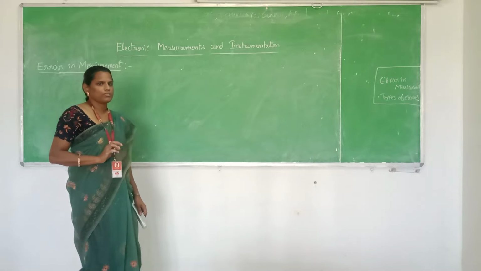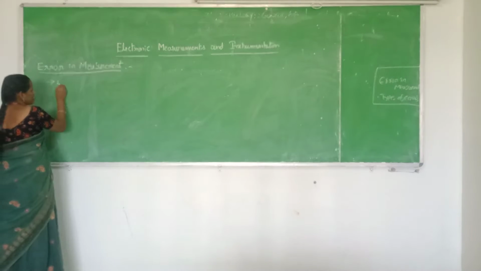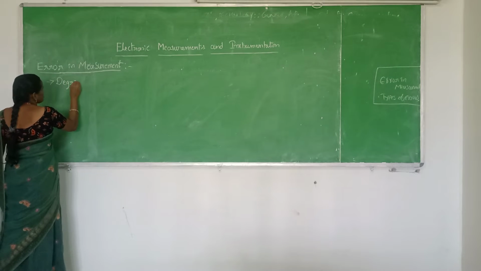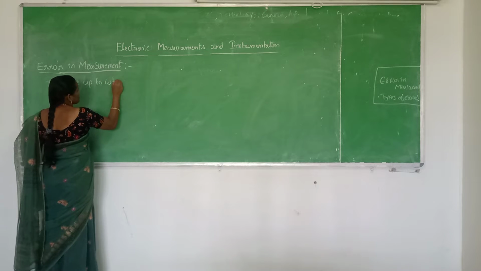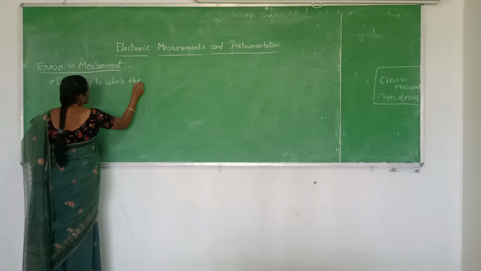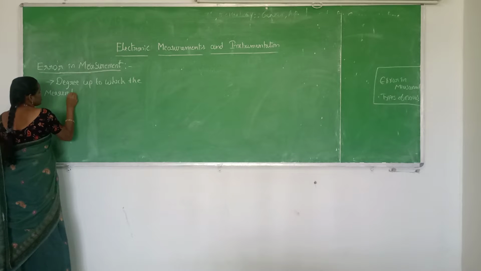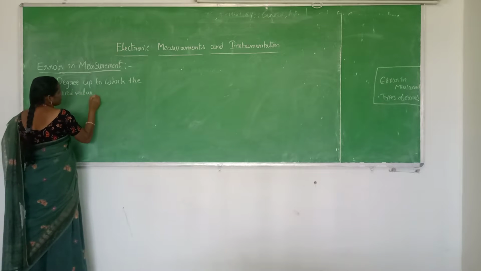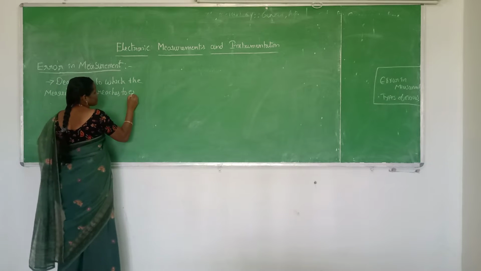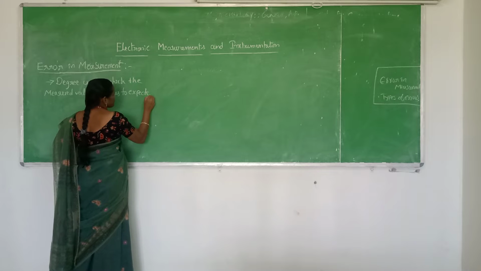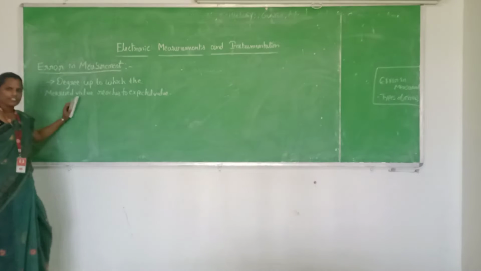So the error in measurement is the degree up to which the measured value reaches the expected value. This is the error in the measurement.